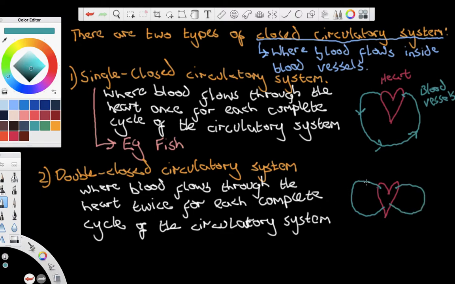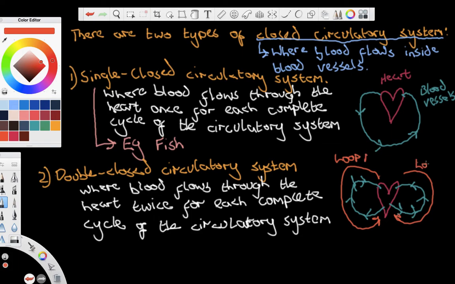Okay, so we've got one loop going to the body this way, and we've got one loop going to the body this way. So we've got loop 1 and loop 2.